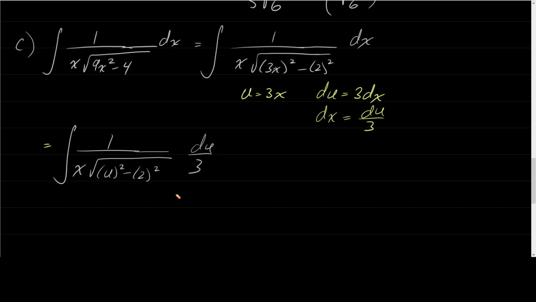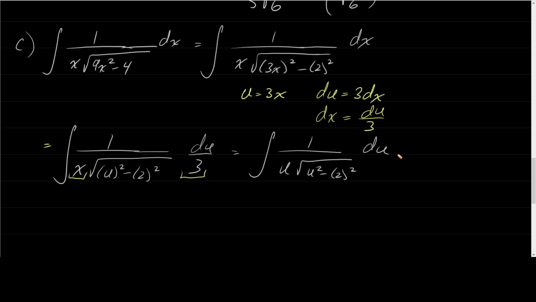But now, let's look at that 3 and that x. If I combine those, I mean, it's multiplication, right? So if I multiply 3 and x, that would give me 3x, which is just u. So what I really have here is the integral of 1 over u times the square root of u squared minus 2 squared du.